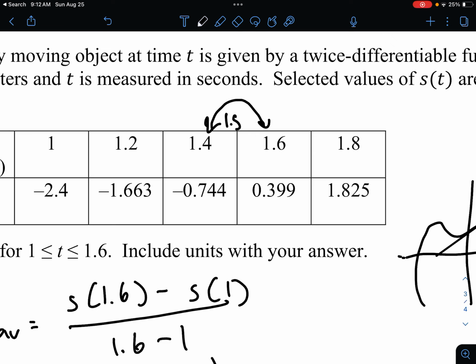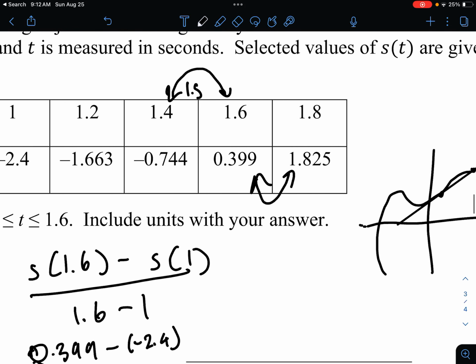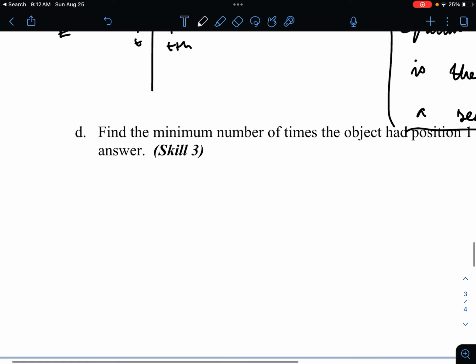And it's really only once. It's really only like here, right? That's the only time 1 is in between any two positions, any of those s of t's. So I'll say 1 time, at least once.